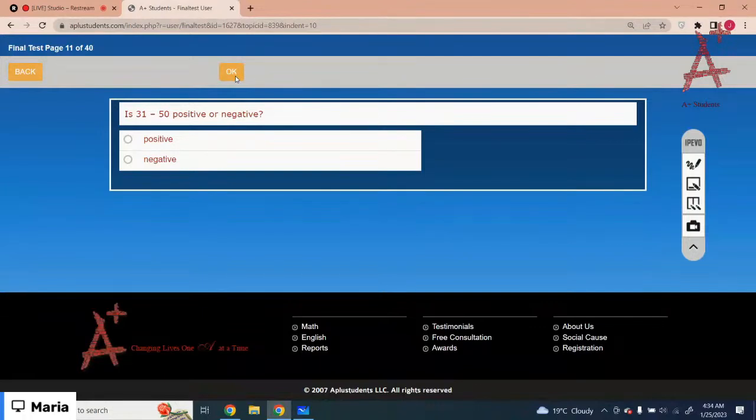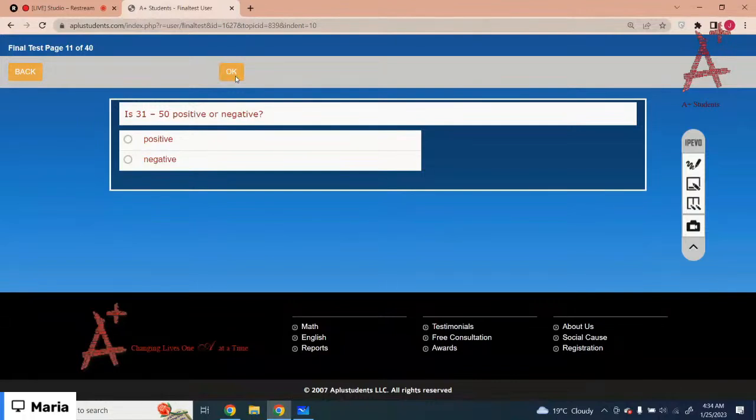Okay, is 31 minus 50 positive or negative? So which is the correct option? So 50 is the greater number with a negative sign, so you have to subtract them, but the answer must be negative. Got it?